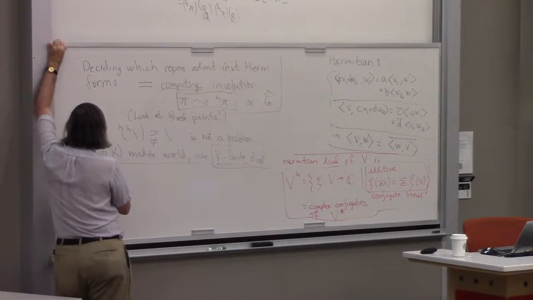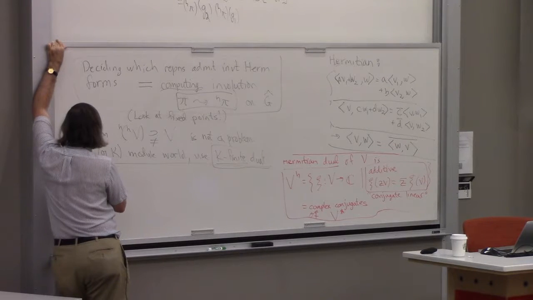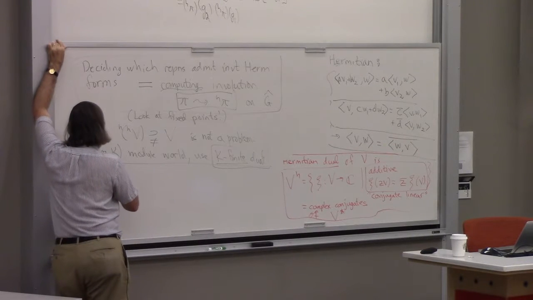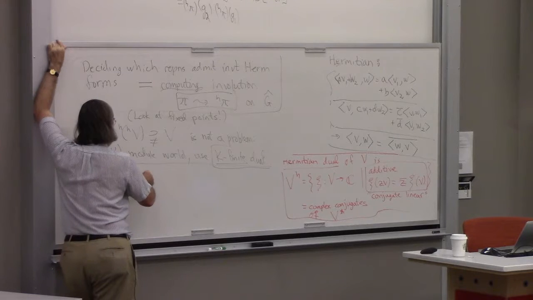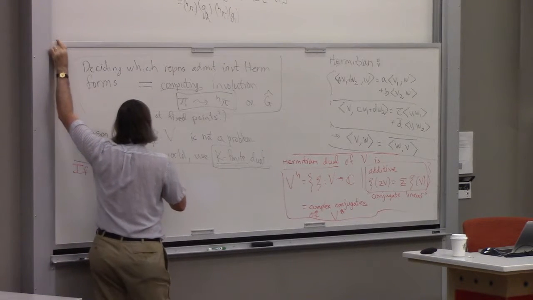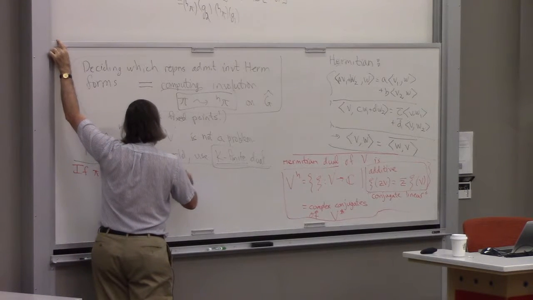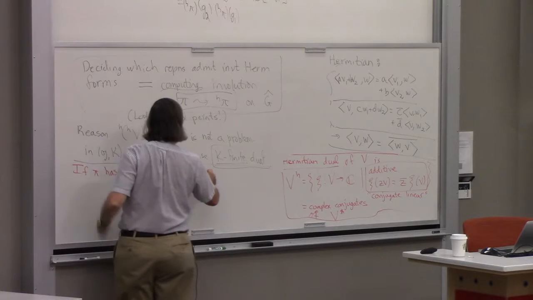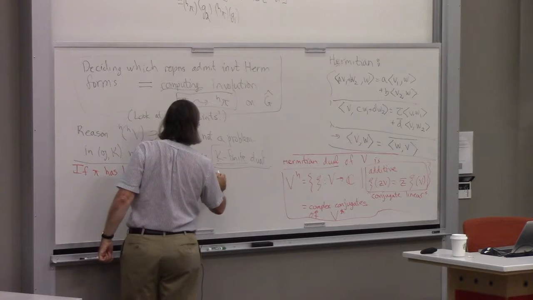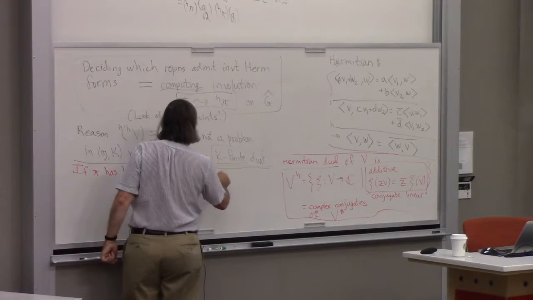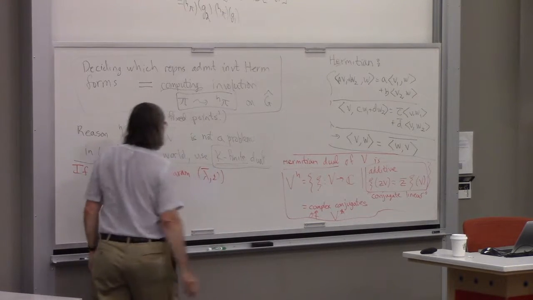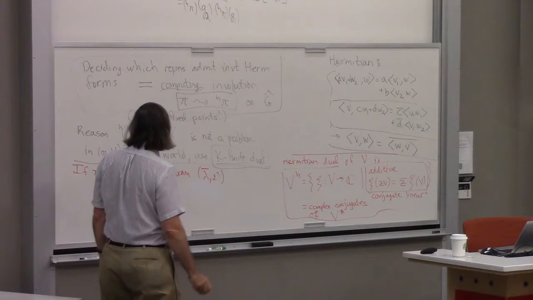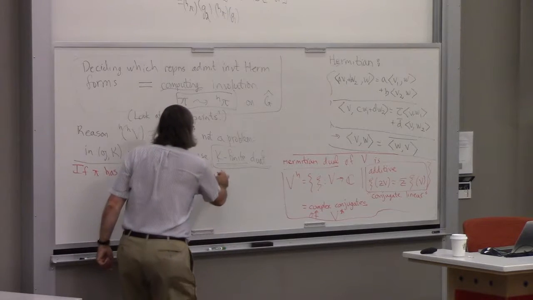The punchline is that if pi has this Langlands parameter, well, I don't know, lambda bar, let me write lambda and nu. The bars are going to come back to annoy me now.